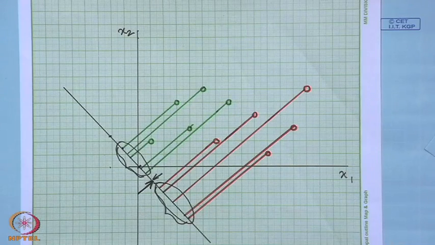This is not a big problem, it is a very simple problem. Through this we have reduced the problem from a higher dimensional space to a lower dimensional space, where the problem is more manageable.